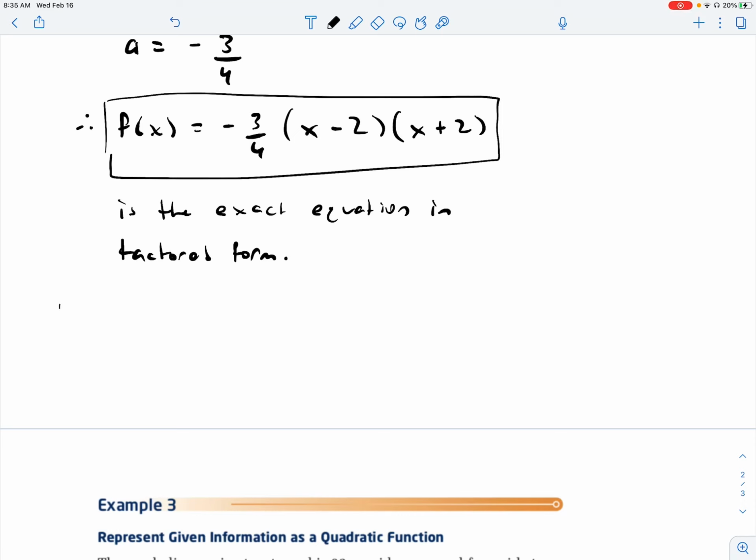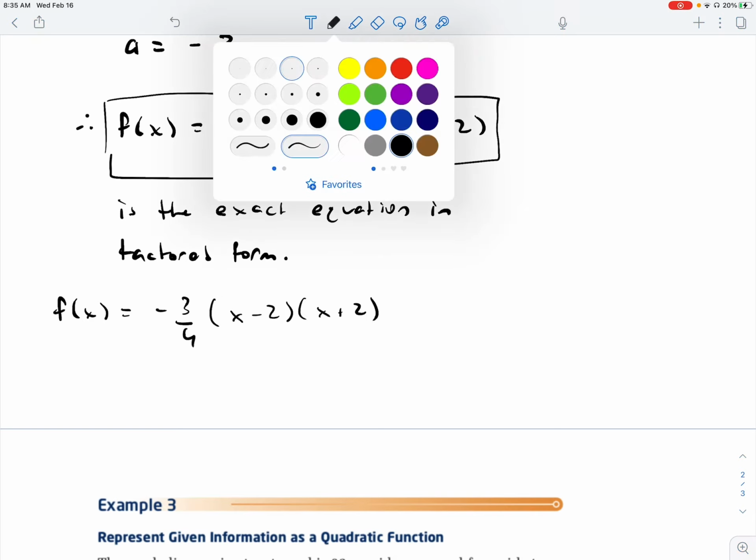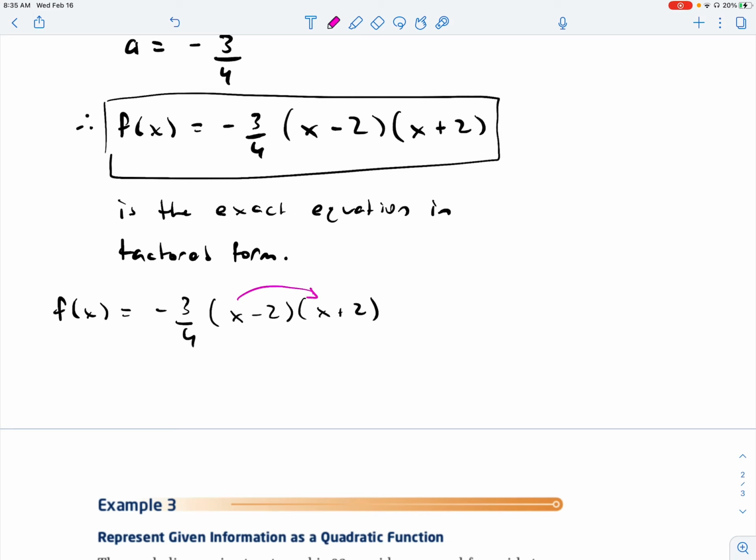Let's just write it out real quick, and then show the distribution. We'll worry about the negative 3 over 4 later.